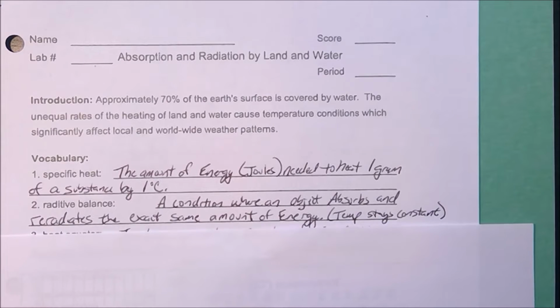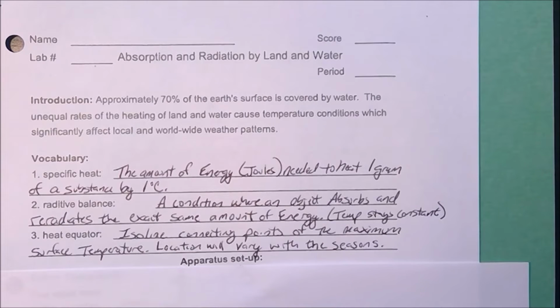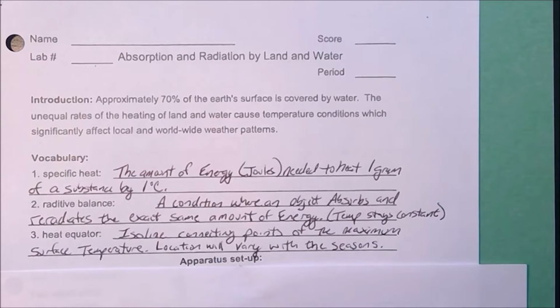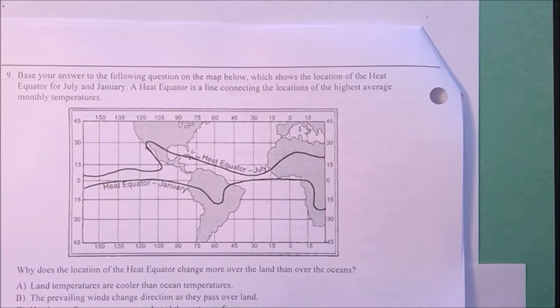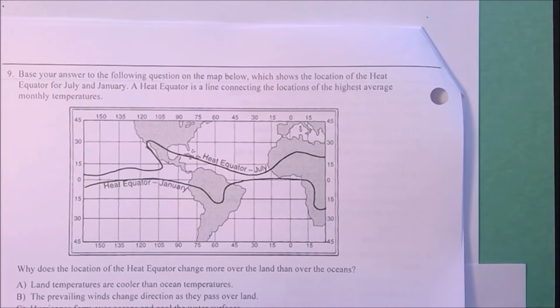Finally, there will be a map where they're going to show you what's referred to as the heat equator. It is an isoline that connects points of the maximum surface temperature. They'll use this sometimes on the regions. Here's an example of a regions question with the heat equator for July and January.